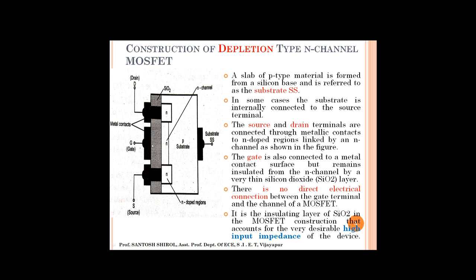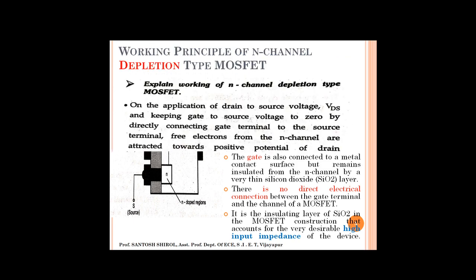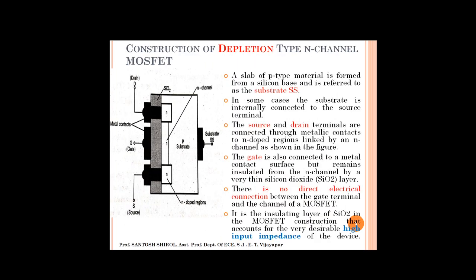You can observe there is no physical contact between the gate and the channel. It is insulated. So in the introduction I said IGFET, insulated gate field effect transistor. Now, what is the need of this SiO2? This SiO2 layer is required to provide a high input impedance for the device, which is a very desirable factor. In the next video we can see the working of the MOSFET.